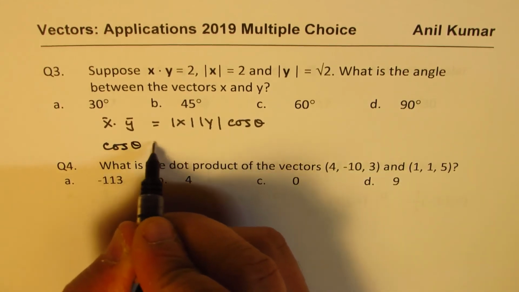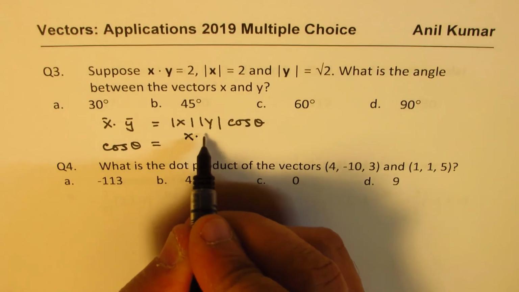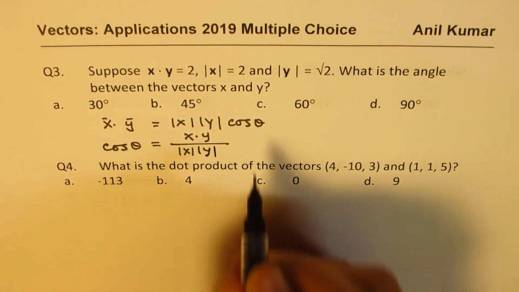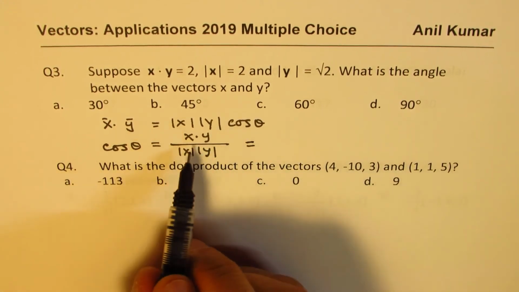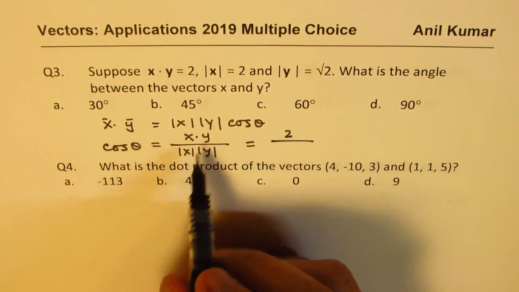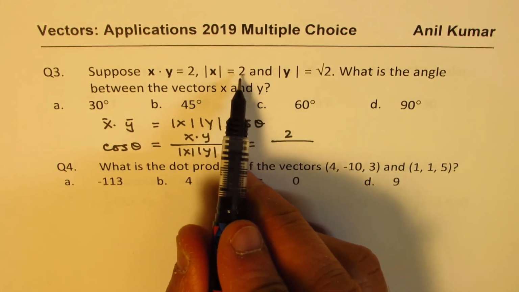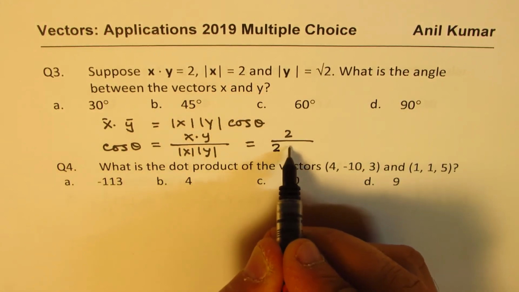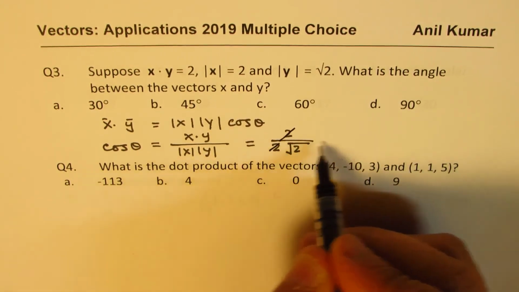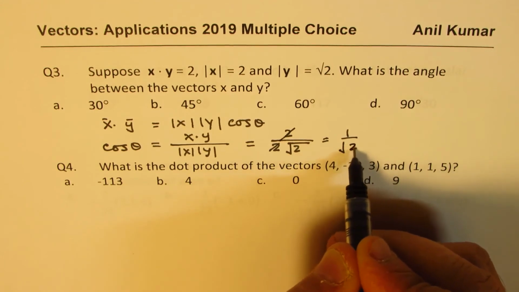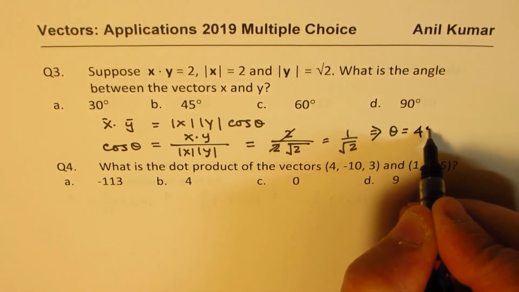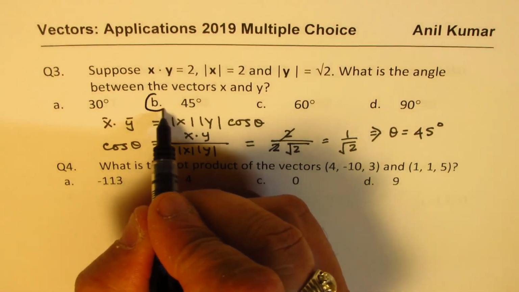So we know cos theta is equal to x dot y over the product of magnitudes, right? So let's calculate. We have the value as 2 for the dot product, and the magnitudes are given to us as 2 and square root of 2, right? So we get cos theta equals 1 over square root 2. So that implies that theta equals 45 degrees, clear? So B is the right option.